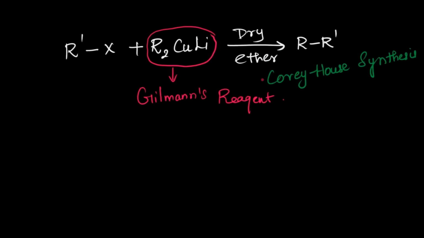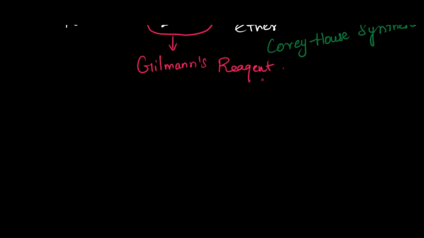So what I suggest you to do is, whenever you are starting an organic part, try to write all those named reactions aside, because most of the questions in organic can be asked from named reactions. So whenever you are studying the named reactions, write them separately in your notebook.